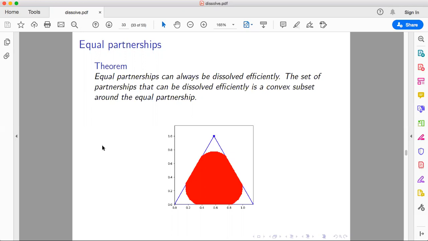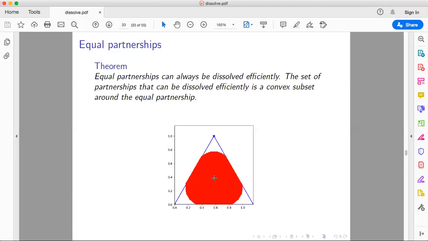Okay, so the picture here is a picture which I had drawn for 3 agents. So this is the simplex of partnerships. The diagram is only for 3 agents. The extreme points are the points where one of the agents has the entire share and the others have 0.